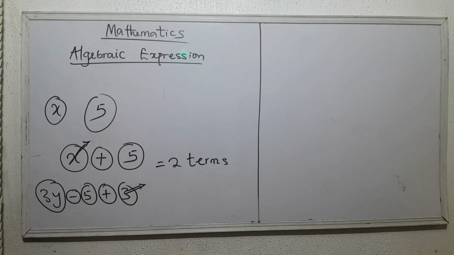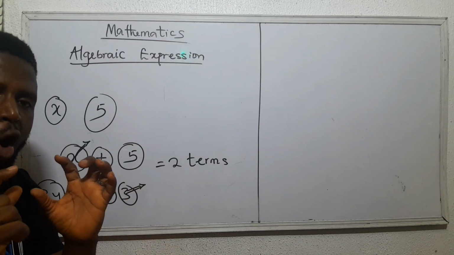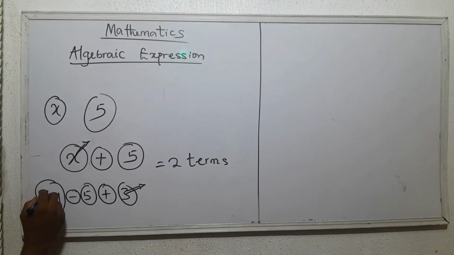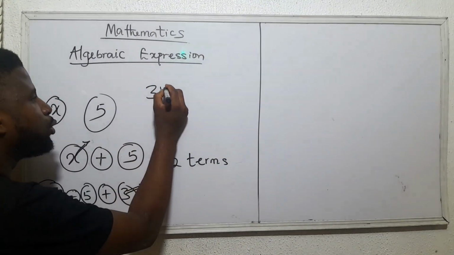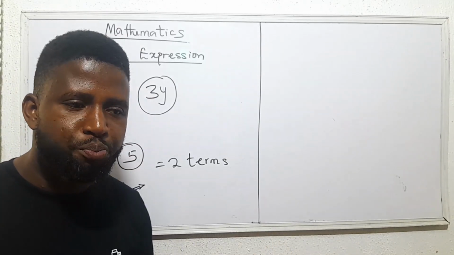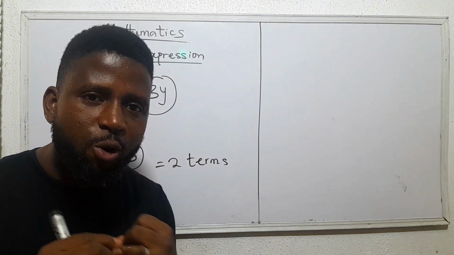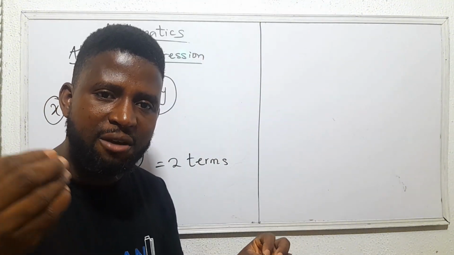And then it could also be the combination of a variable and a constant, just as we have 3y. So we have 3, which is a constant, and y, which is a variable. So a term could be a single number that is a constant, or a single variable, or the combination of a constant and a variable.